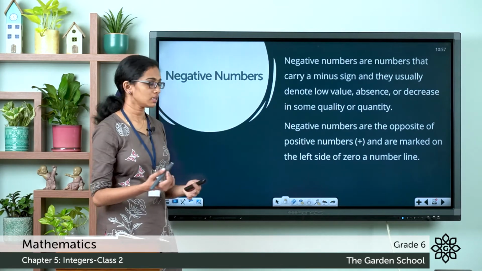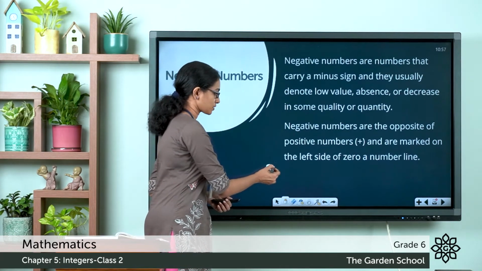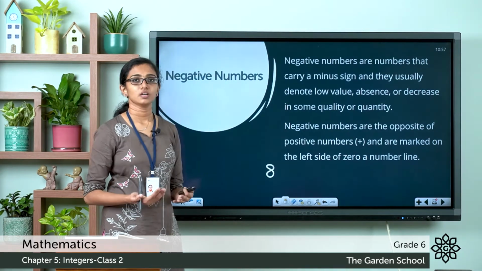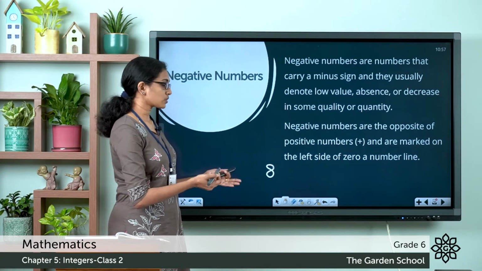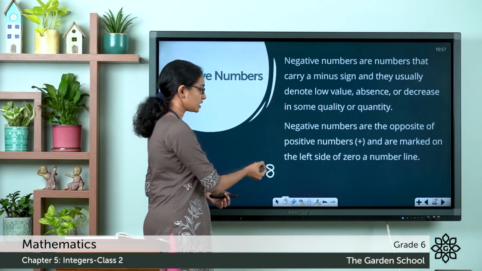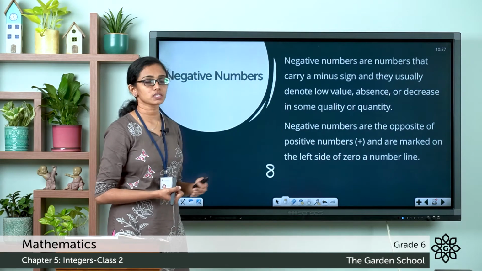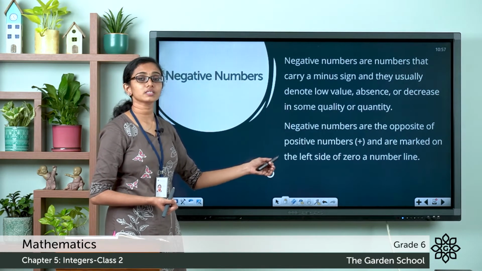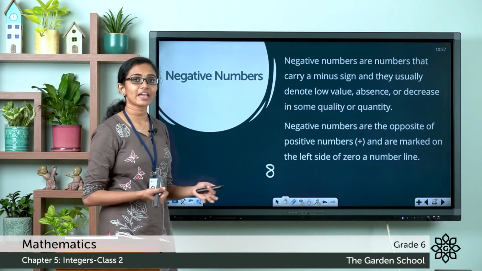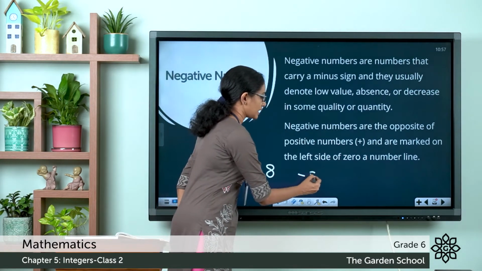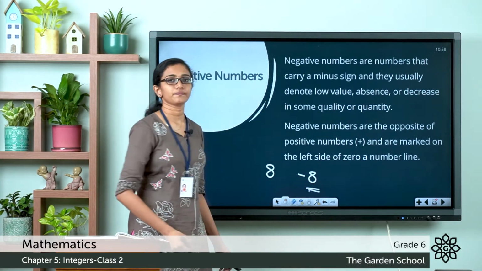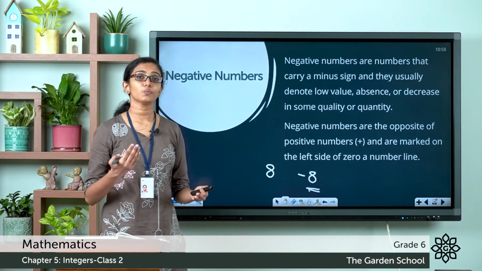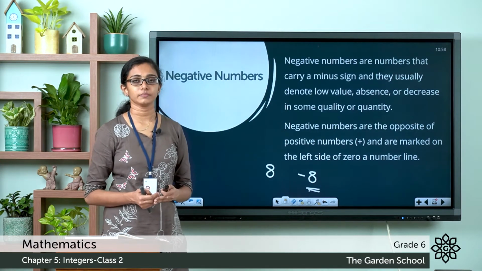So for example, if you are given a number 8, this is a positive number. Even if there is no positive or plus sign written before the number, it means it's a positive number. So the number 8 here is a positive number, and what is the opposite of it? The opposite of 8 will be minus 8. So this is a negative number. So is this clear?